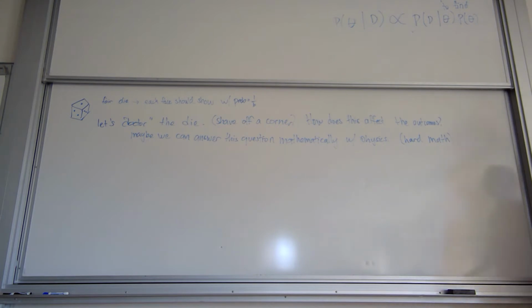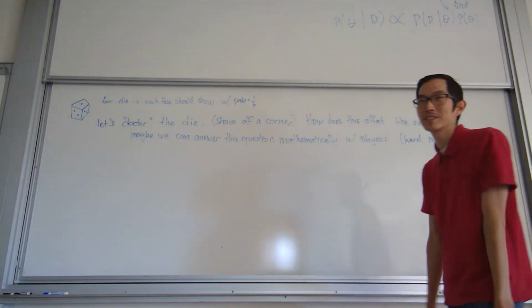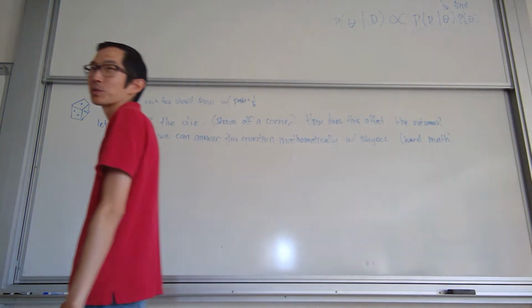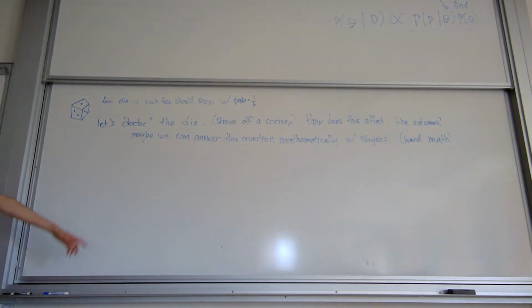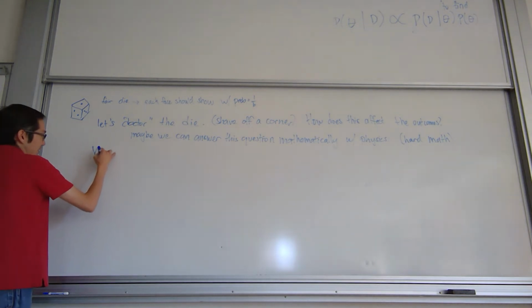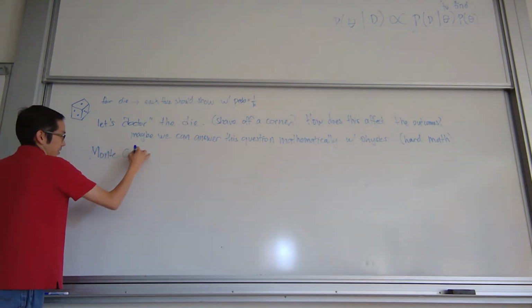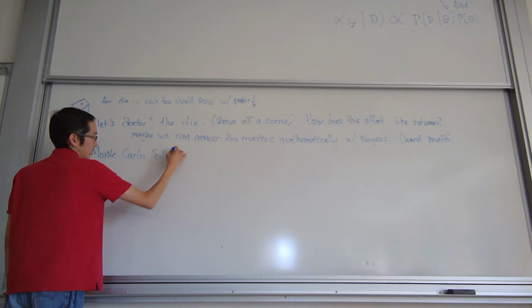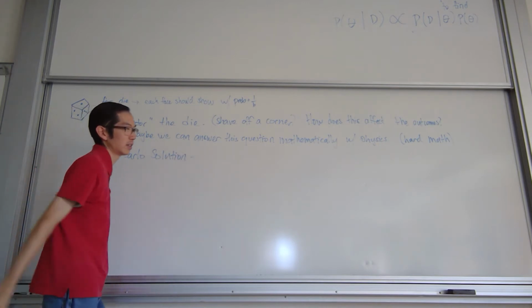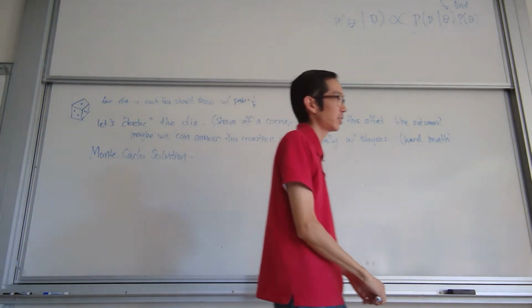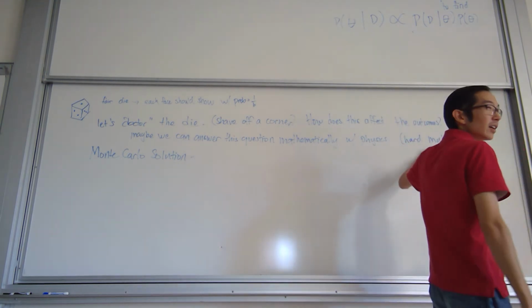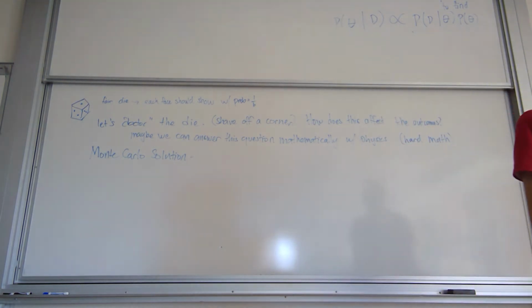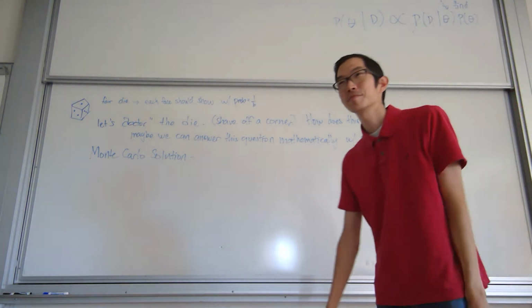Because I don't understand physics. I don't know physics well enough to be able to answer this question. Okay, so the Monte Carlo solution, it says, I don't want to do hard math. I'd rather do a bunch of menial tasks many times to get my answer.